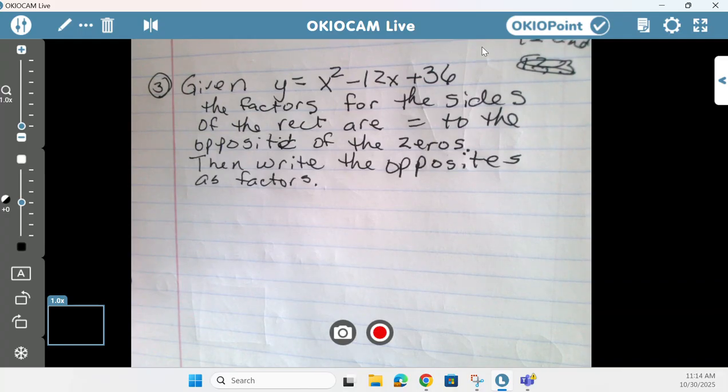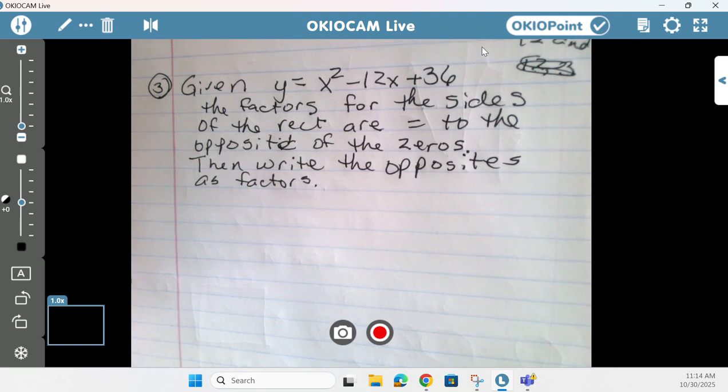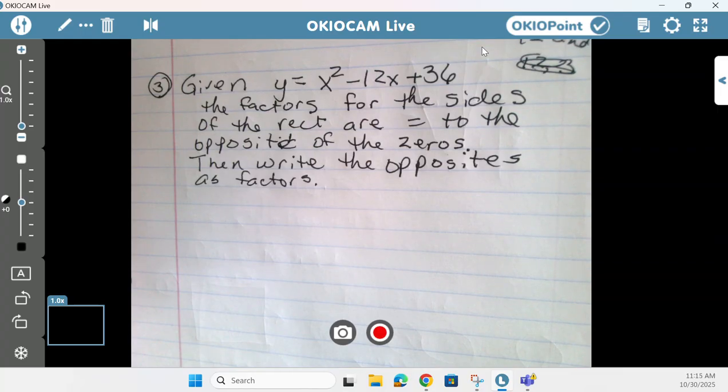No, it's not. It's x plus 6. So this side is x plus 6, and this side is x plus 6. See, I just keep forgetting to put the x plus. And that's it.